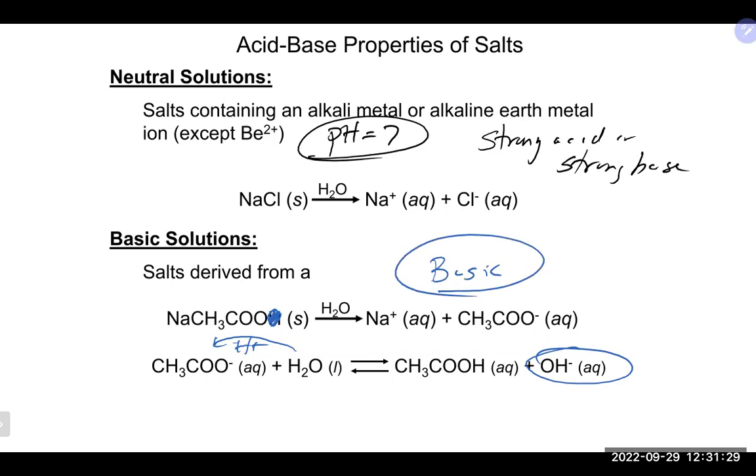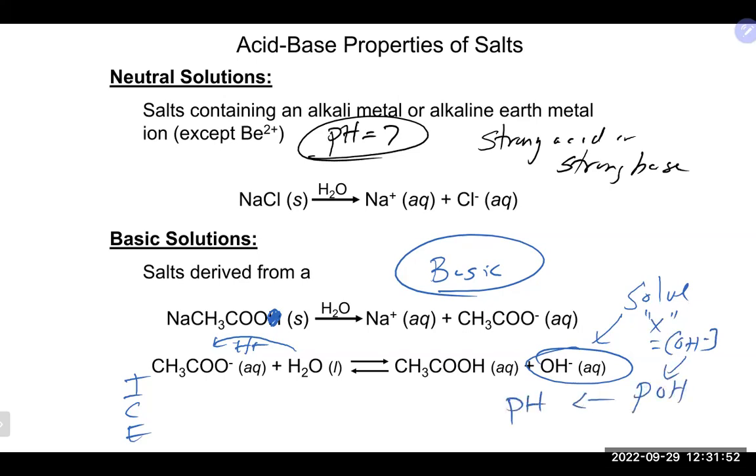Now, we could actually do a calculation to figure out the pH of this solution by doing an ICE table here. We would solve for x, and x would equal the hydroxide concentration. That will allow you to get to the pOH and then to the pH.